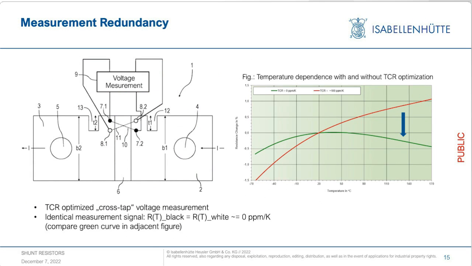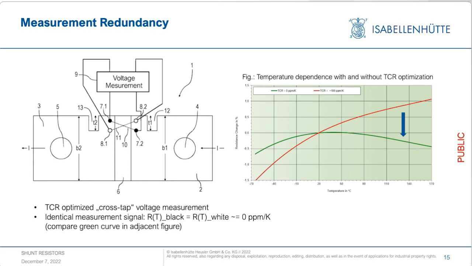So finally, we can combine this idea of redundancy with the idea of TCR compensation by design, and this is explained in this drawing. So again, you find two notches now at the top of the device, which are labeled T1 and T2, and we define two pairs of measurement points. One is the black pair and one is the white pair.